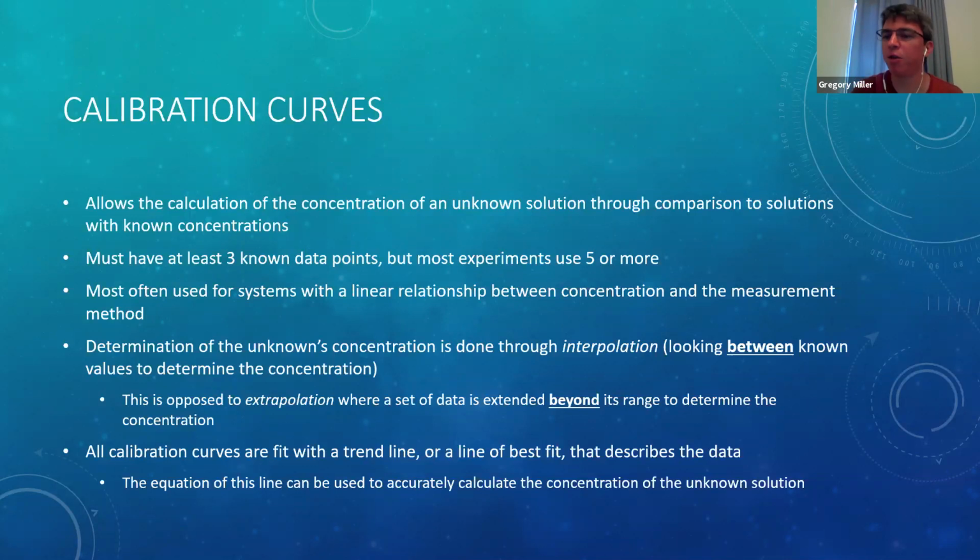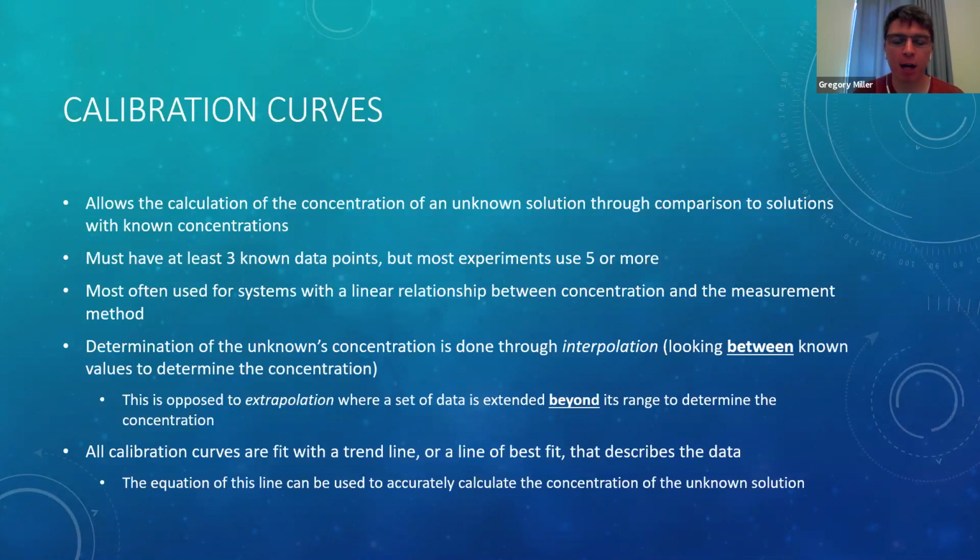Maybe you go up to 7 or 9 or 15 to increase that range up to where you know it will be above your unknown. And then once your unknown falls inside that range, because it's between points you know, you use interpolation. Again, extrapolation is where you look outside of that range, and calibration curves do not work well for extrapolation.